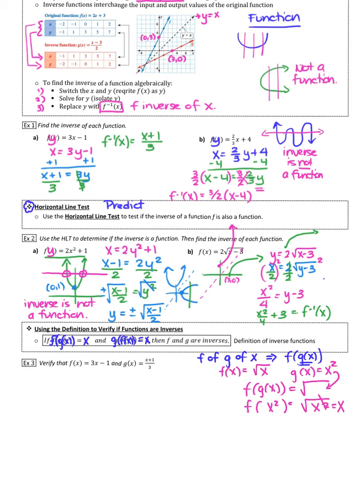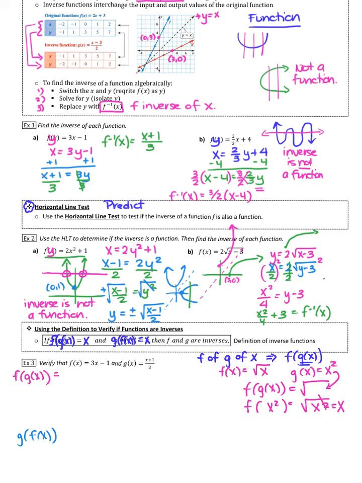So we want to verify that f of x equals 3x minus 1 and g of x equals x plus 1 over 3 are truly inverses. To do this, you're going to do two things. You're going to do f of g of x and then you're also going to do g of f of x. We want to verify it both ways, hopefully that we get x when we simplify it.